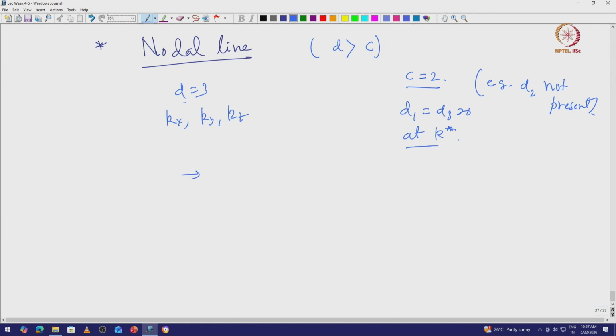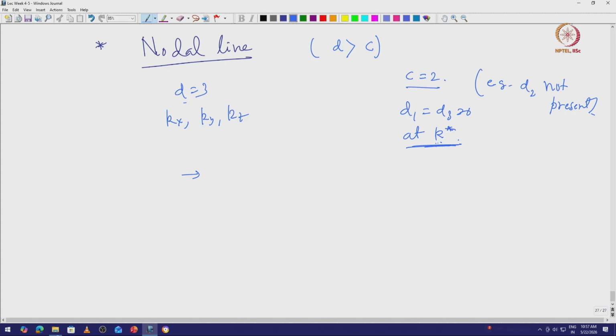You will find that these equations will have a solution for 3 variables, but on a contour.